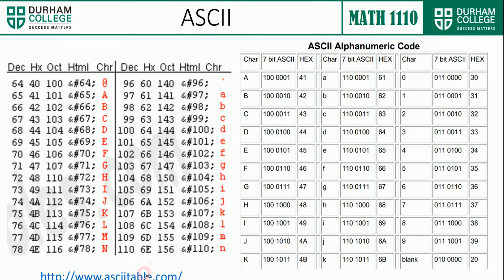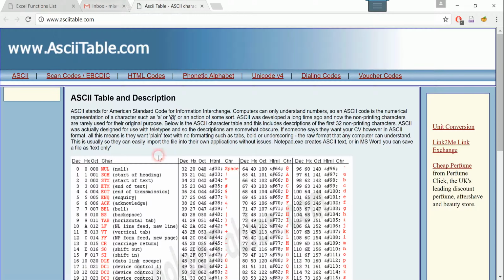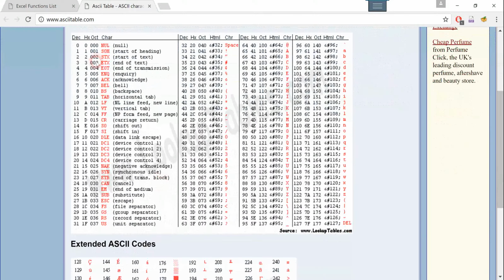Let's look at this link, ASCIItable.com, which talks about ASCII in detail. Here all of the numbers are represented in decimal, hexadecimal, and octal at the same time. All of these characters, if we start from 0, are not relevant to us, and their descriptions are given here.